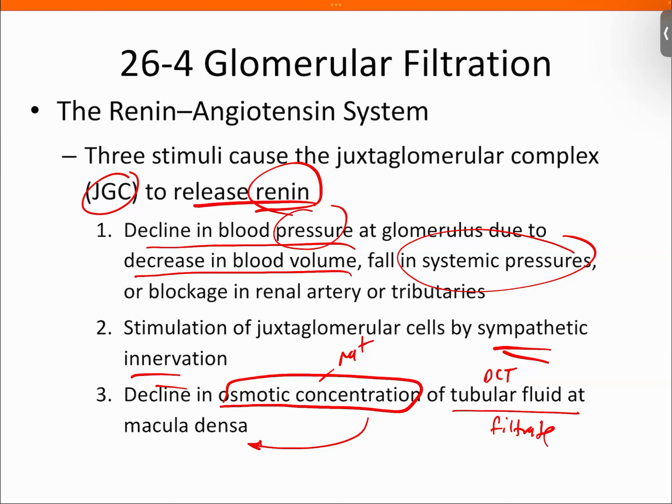And the reduction in volume, and that's what the JG cells sense. So in reality, the JG cells and the macula densa are working both sides of the coin, right? One is measuring what's happening on the head side. The other one's measuring what's happening on the tail side. And so they're measuring both sides of that osmotic relationship as it has effects on blood pressure.